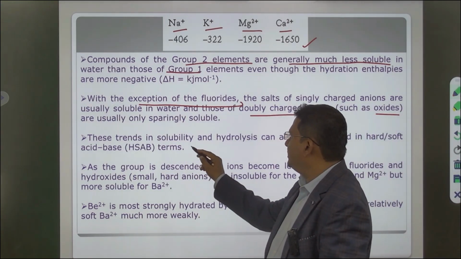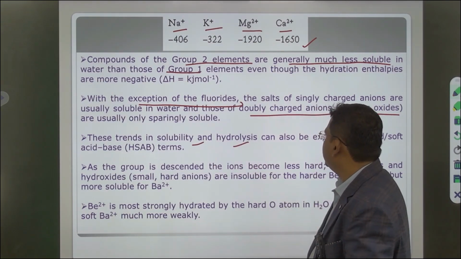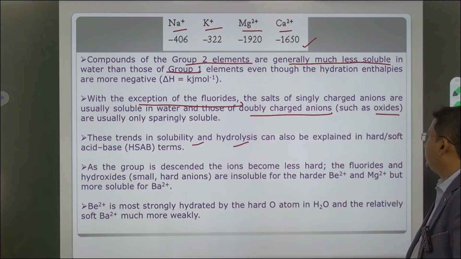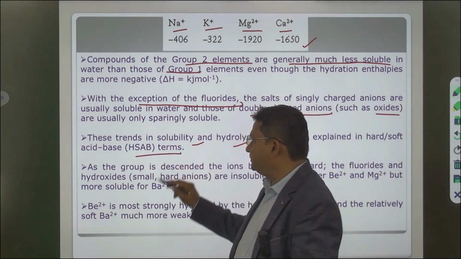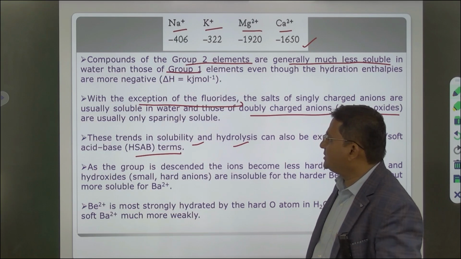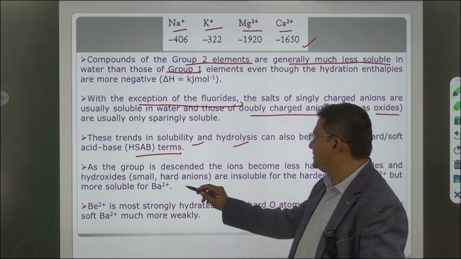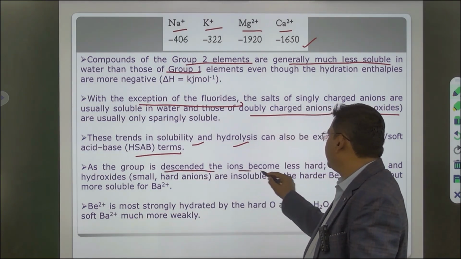These trends in solubility and hydrolysis can also be explained in hard and soft acid-base terms. As the group is descended, the ions become less hard.